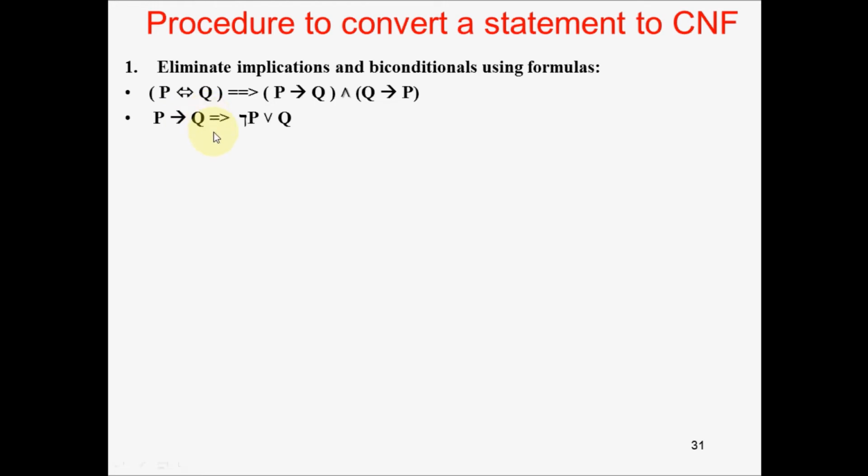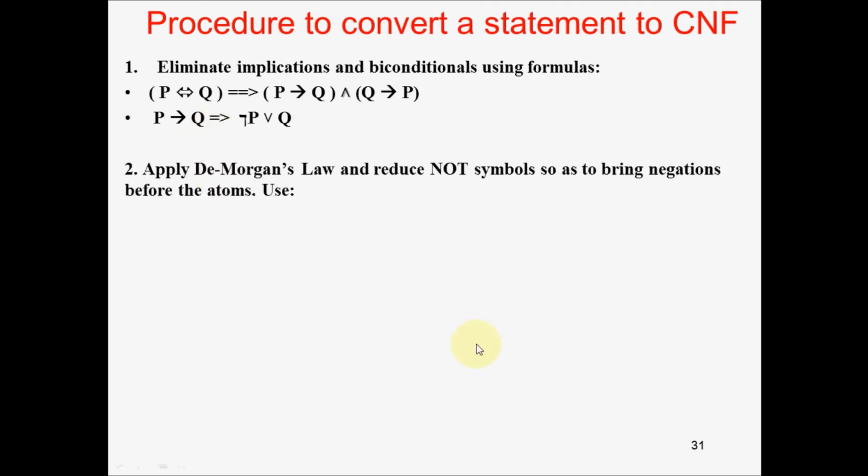Now the second step here is application of De Morgan's law, and reduce not symbols so as to bring negations before the atoms. What it means is, if there are negation symbols appearing before a sub expression, then that negation has to be substituted inside the sub expression for each and every term of that sub expression. So this is De Morgan's law.